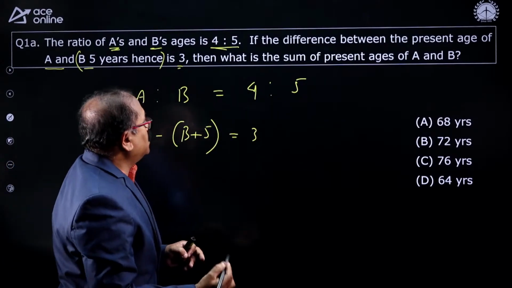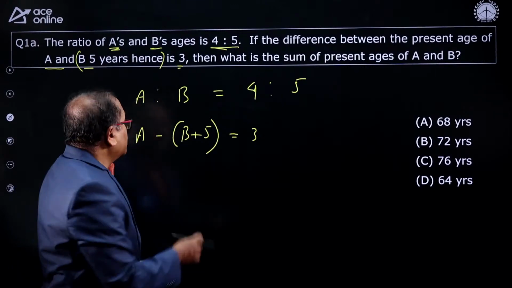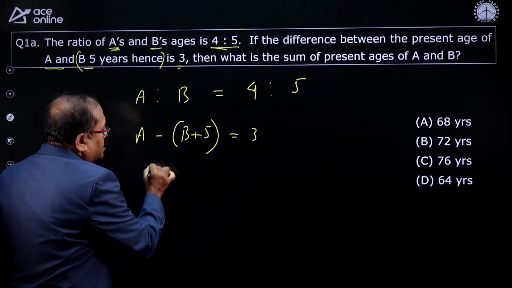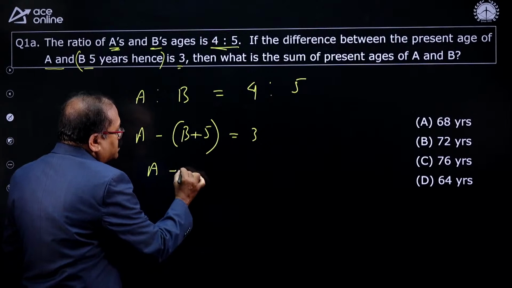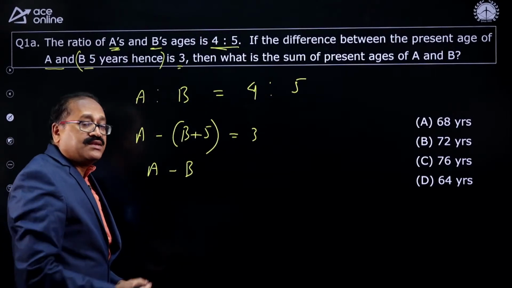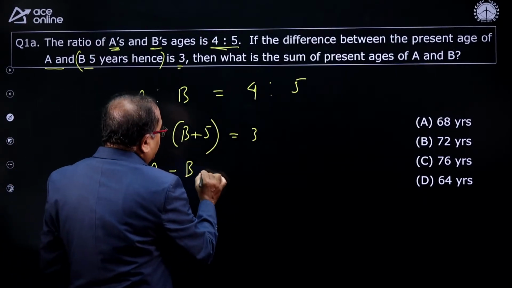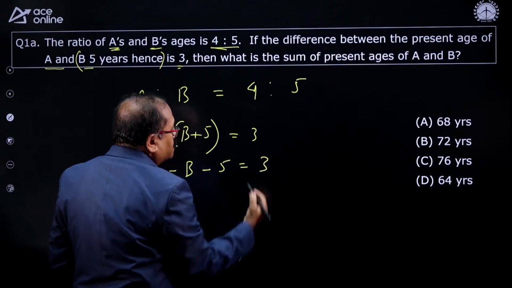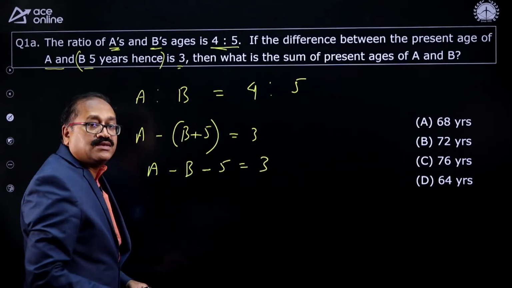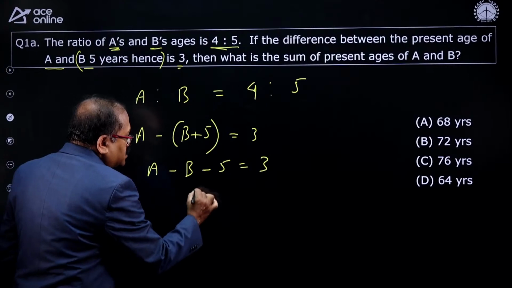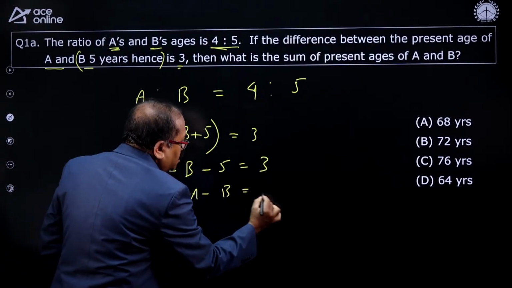Now the question asks what is the sum? So can I open this bracket? A minus B minus 5 is equal to 3. I can see that the 5 goes the other side. I get A minus B is equal to 8.